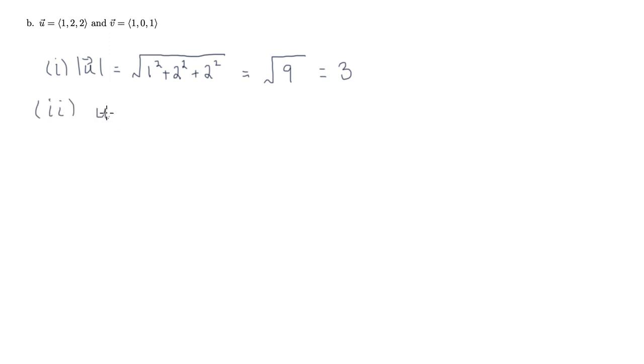So finding u plus v, well, this is exactly the same as before. We just add the components. So this will be 1 plus 1, 2 plus 0, and 2 plus 1, or 2, 2, 3.